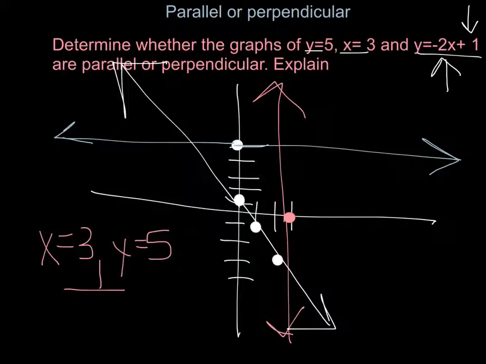So from the graph, you can see that y = 5 is parallel to the x-axis, and x = 3 is parallel to the y-axis, which tells you that these are perpendicular. But unfortunately, there's no correlation with the y = -2x + 1 line on this graph.